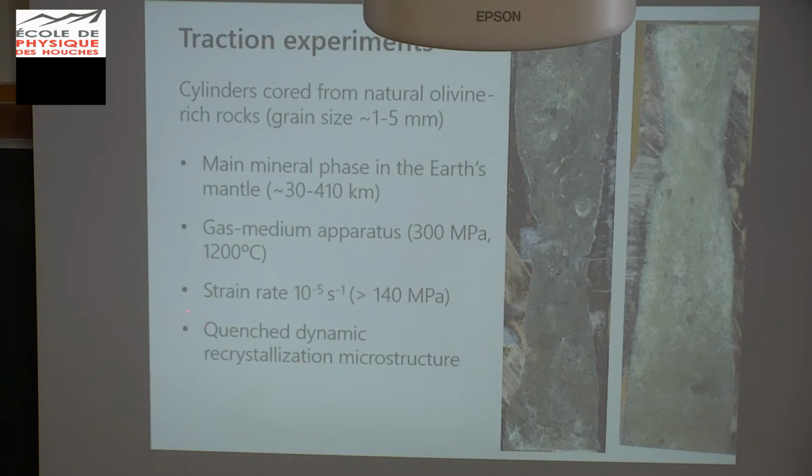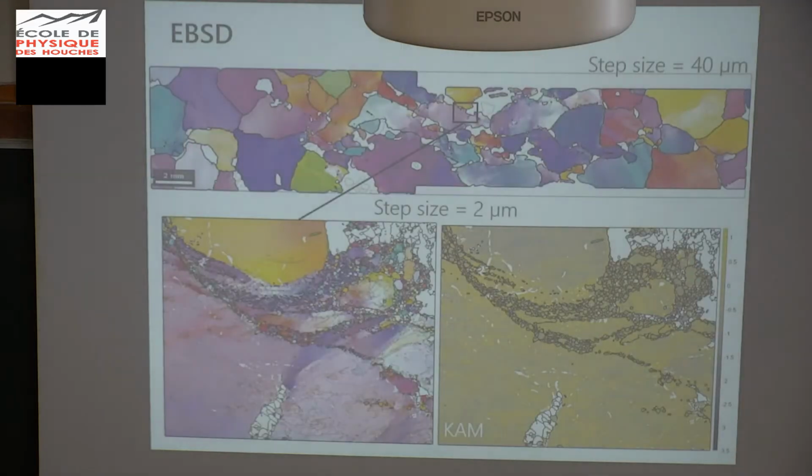The experiment was at a constant strain rate of 10 to the minus 5, which is a very fast strain rate for a rock, between 8 and 10 orders of magnitude faster. So this requires very high stresses, very high megapascals. And finally, we quench the experiment to freeze the dynamic recrystallization microstructure.